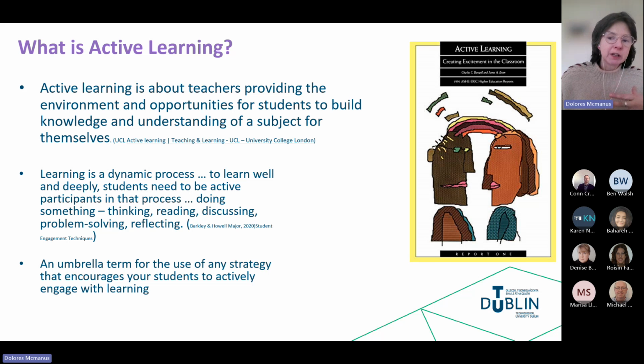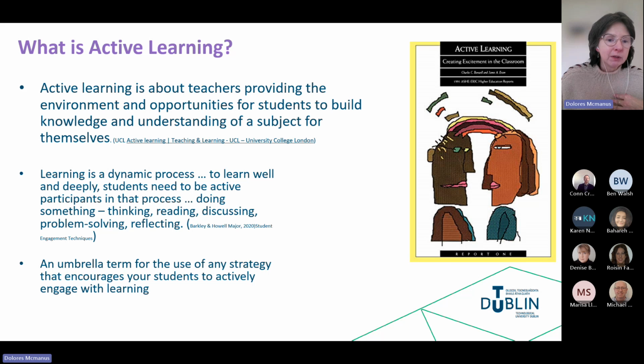So we'll just talk a little bit about what active learning is. And there are many, many definitions out there. You can see active learning is about teachers providing the environment and opportunities for students to build knowledge and understanding of a subject for themselves. To learn well and deeply, students need to be active participants in that process, doing something.